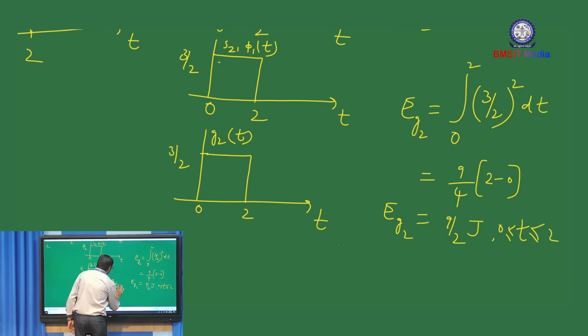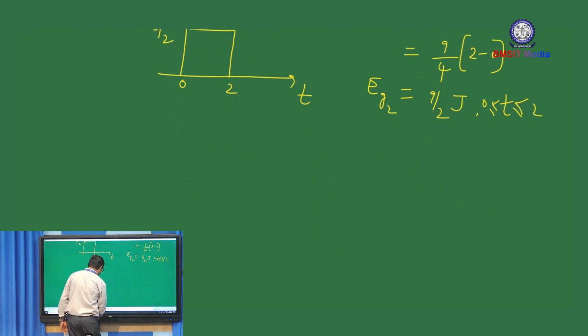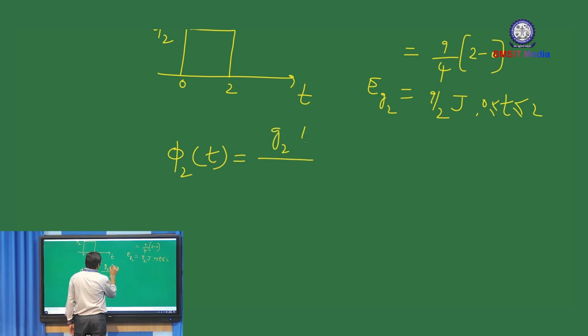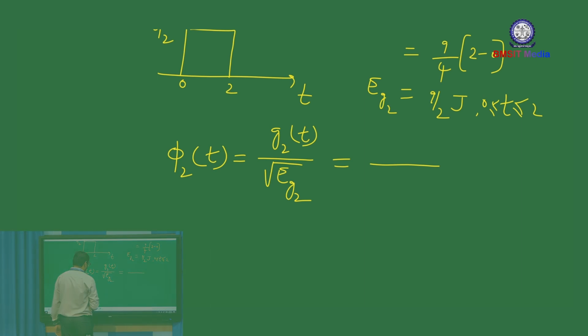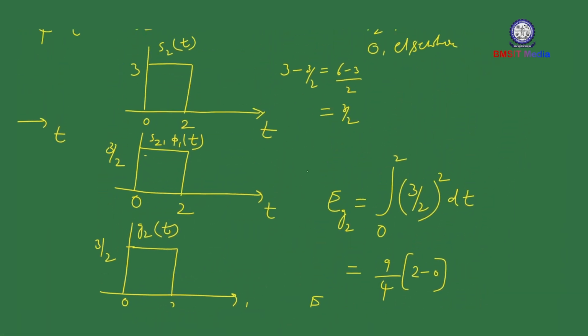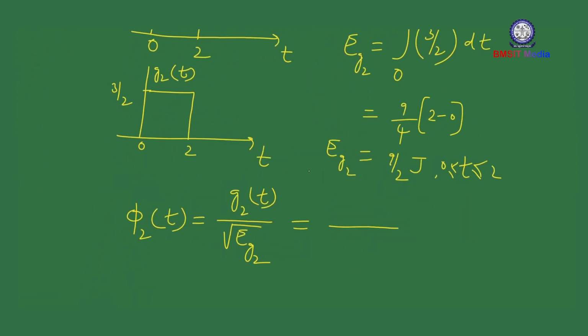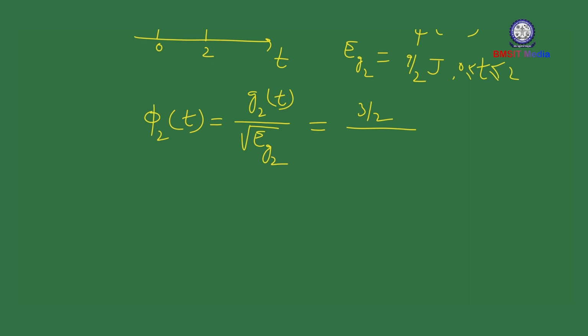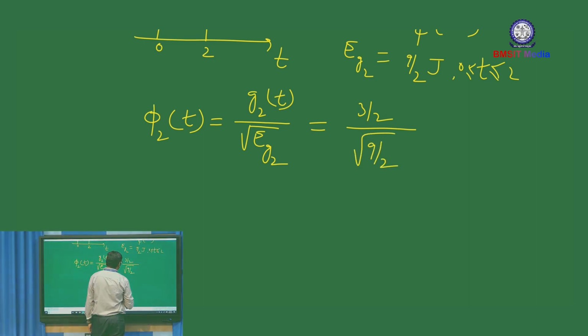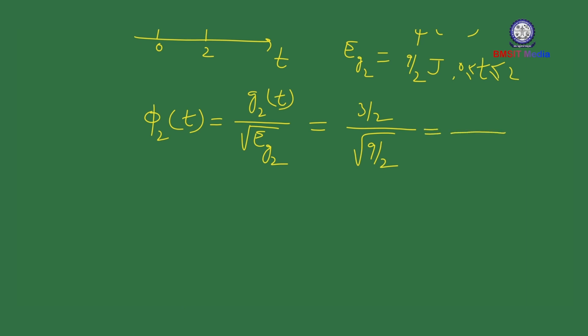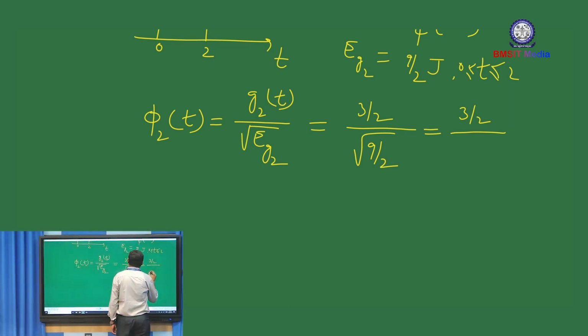Then I can find out phi 2 of t. Phi 2 of t is equal to G2 of t divided by the square root of the energy of the signal Eg2. So the value of G2 of t is 3 by 2, and the square root of 9 by 2 is 3 by square root of 2.